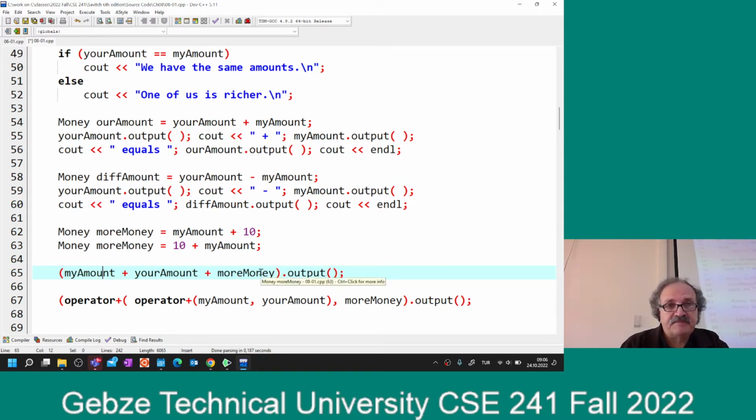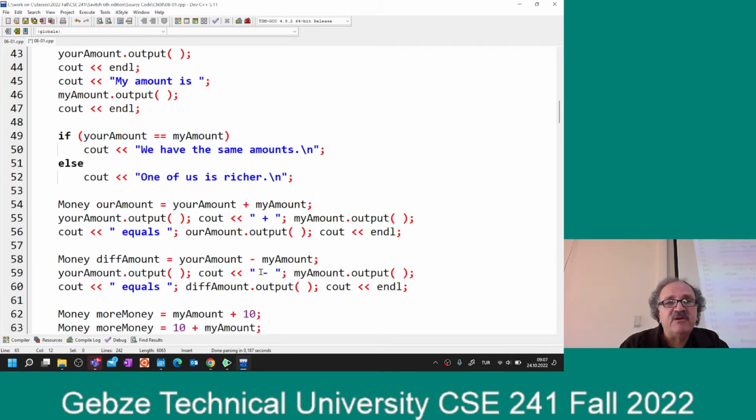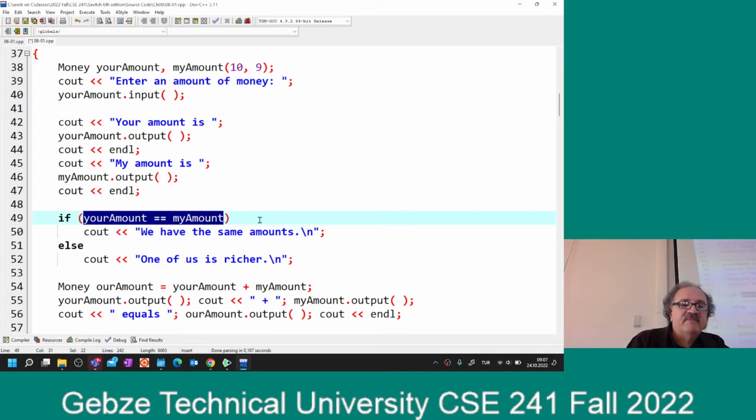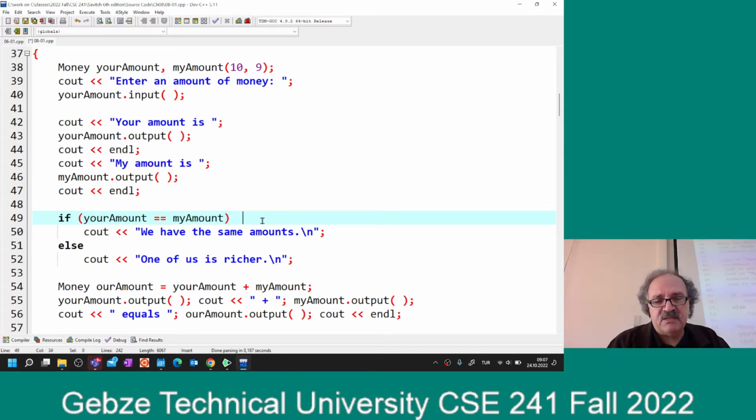So let's see how we are doing this. Whenever the compiler sees this line, it says there is an operator, and it looks for functions named operator. I am trying to find the equal sign.